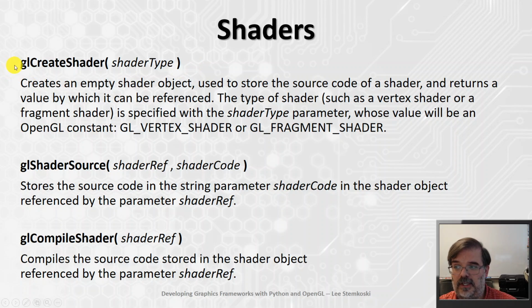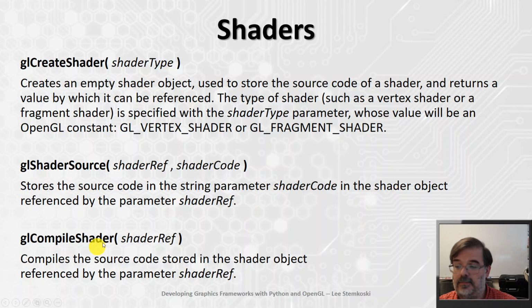Once we've created a shader with this function, we can then use the function glShaderSource, and that takes in 2 parameters. First, the reference of the shader that was created with the glCreateShader function, and then the actual code for the shader. And this will be some very long string containing all the code. And what that does is it uploads the code to the object in the GPU.